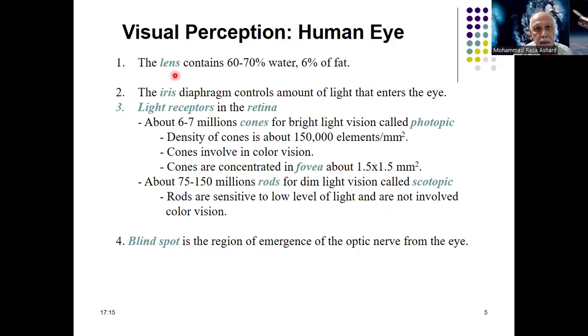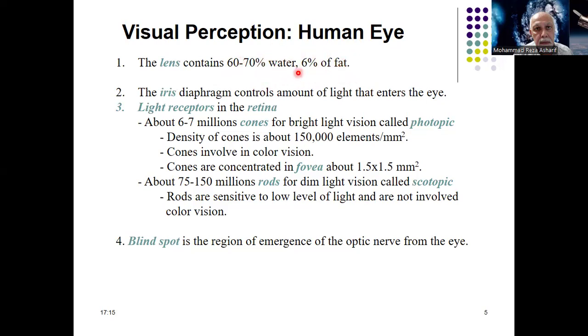The lens contains 60 to 70% water and 6% fats. With age, these fats get yellowish, and that is what in ophthalmology they call cataract.